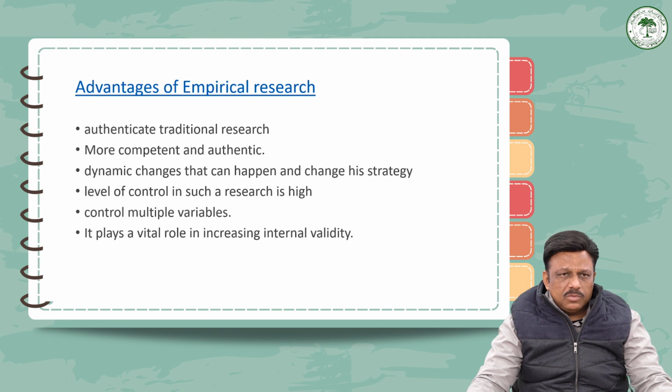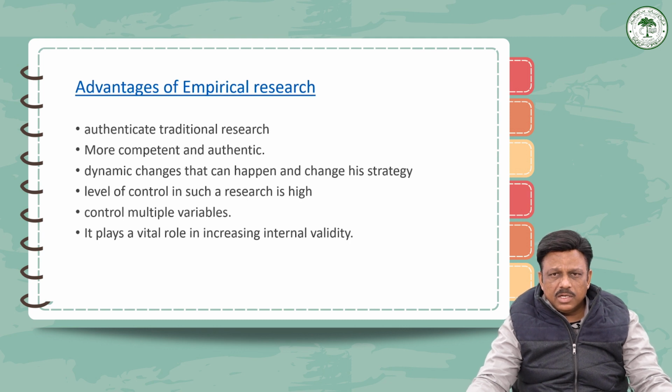Now, when we talk about the advantages of the empirical method that we have discussed so far, it is used to authenticate traditional research through various experiments and observations. First, this research methodology, that is the empirical method, makes the research being conducted more competent and authentic. It enables a researcher to understand the dynamic nature of what can happen and change his strategy accordingly.